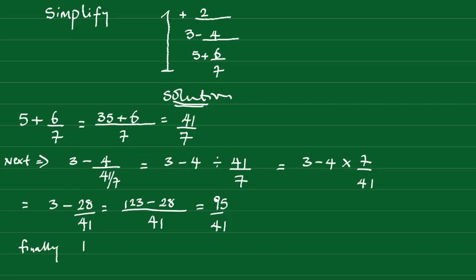So finally, we end up having 1 plus 2 divided by 95 over 41, right?